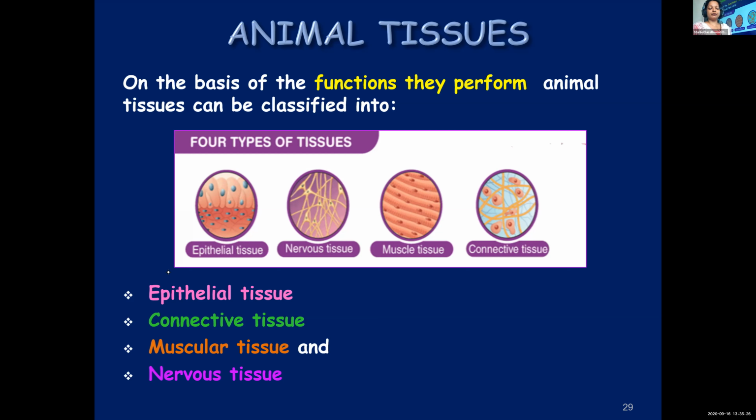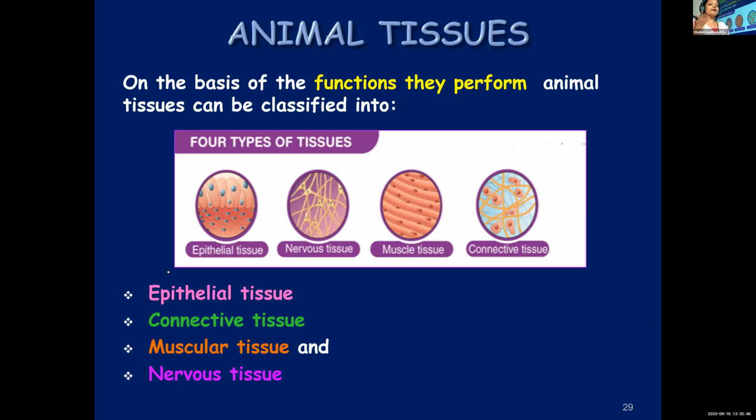We will start with the first one, that is epithelial tissue. So once again, I'll repeat what I was saying. Animal tissues can be classified into 4. Which are they? Epithelial tissue, connective tissue, muscular tissue, and nervous tissue, based on what?